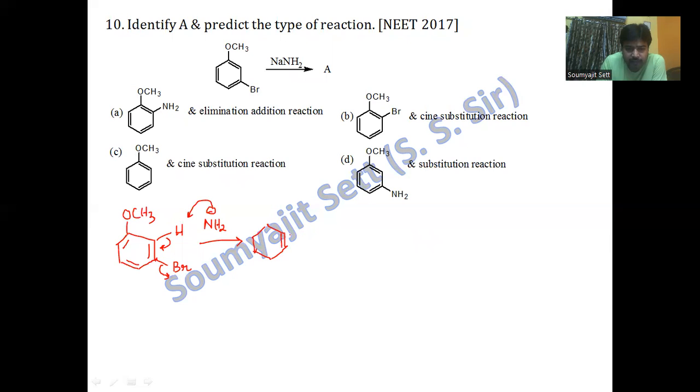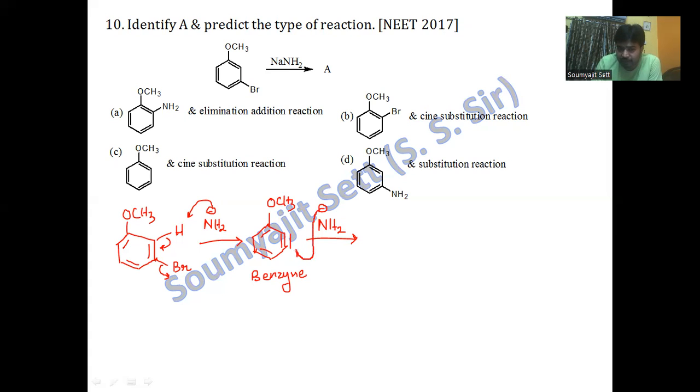So what we will get? We will get this kind of intermediate, which is known as benzyne. Now, in the next step, NH2 minus will again attack. Now the question is, at which position will this NH2 minus attack? It will attack at that position which will lead to a stable carbanion.